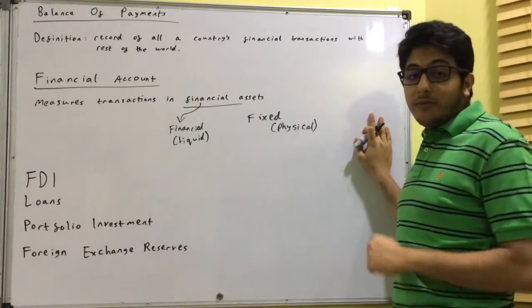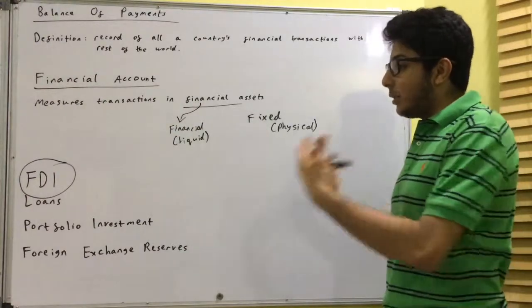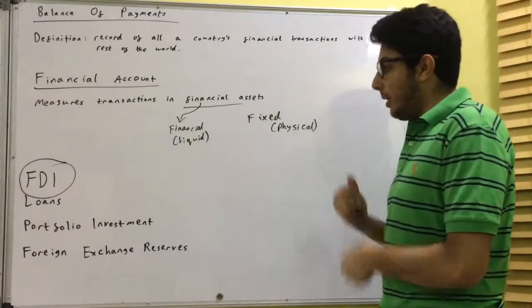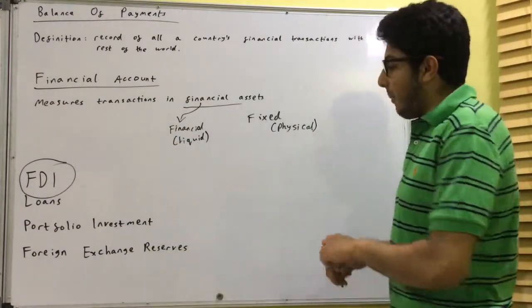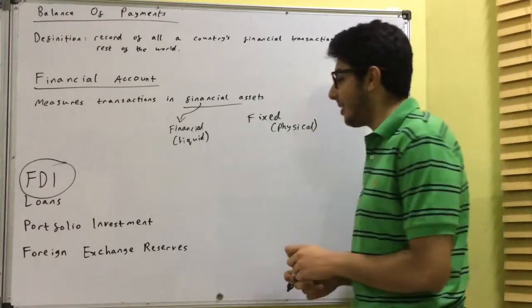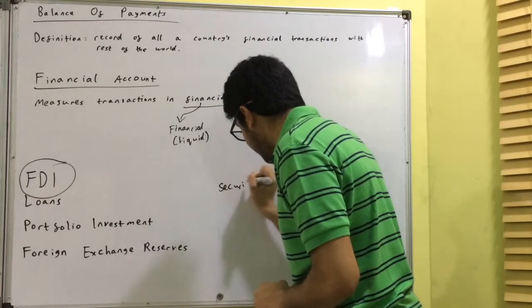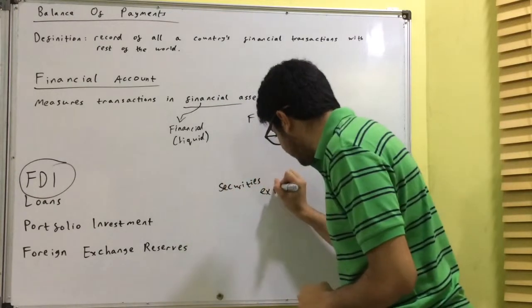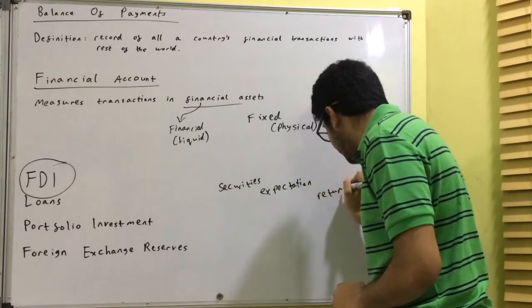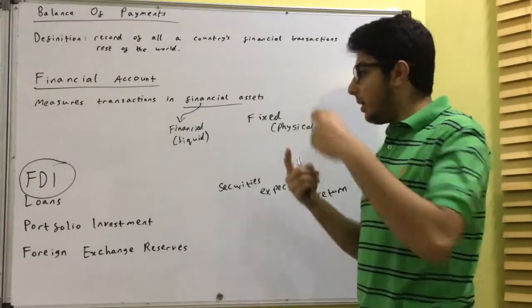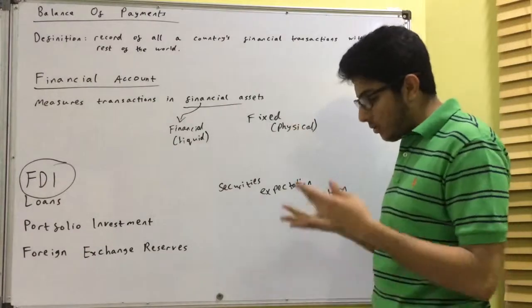Now, the main component of the financial account is FDI, or foreign direct investment, and that's a long-term financial flow. You also have your loans, your foreign exchange reserves, and portfolio investment. Portfolio investment, fancy word, right? It's basically investment in securities with the expectation of earning a return. So stuff like buying shares, bonds, stocks, government securities.